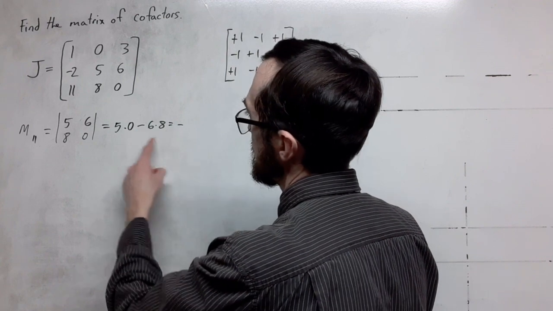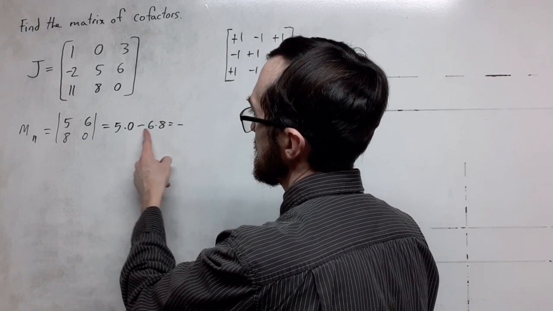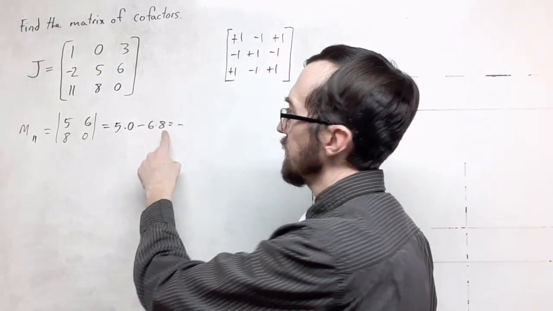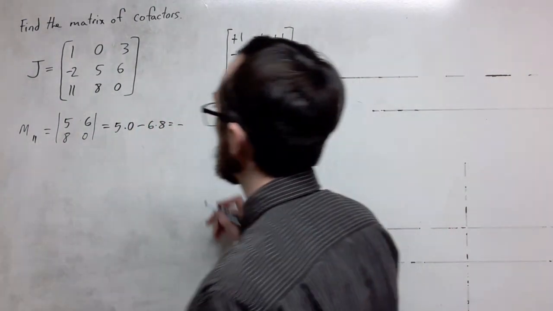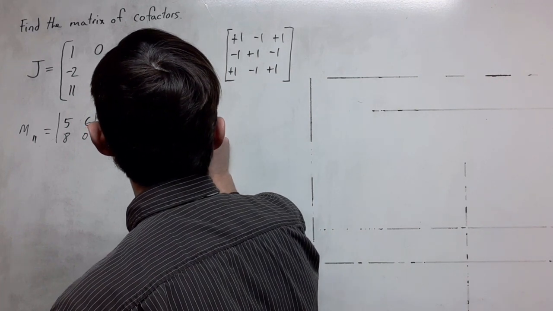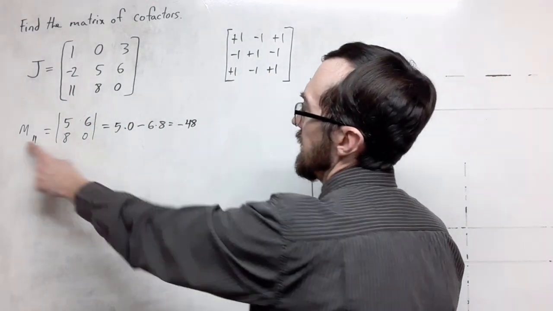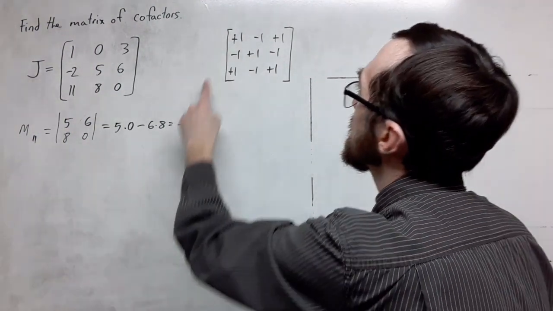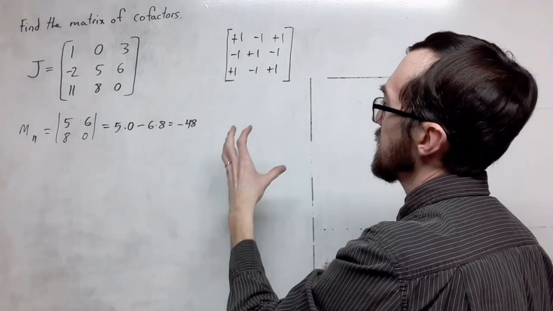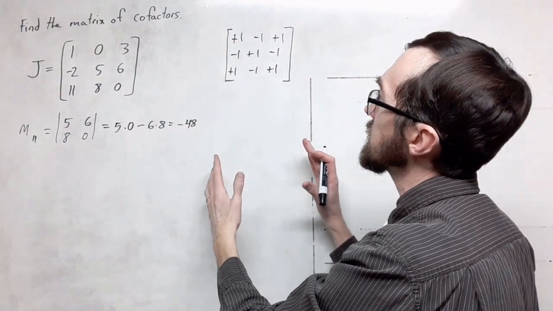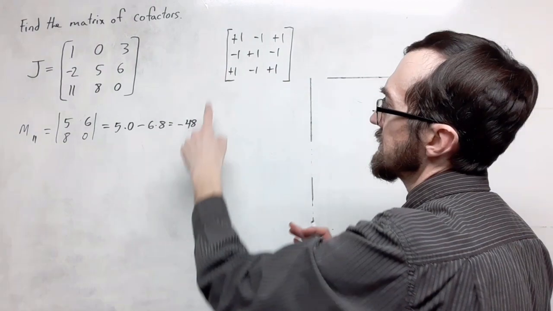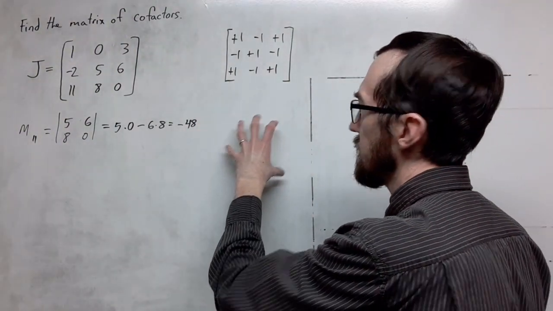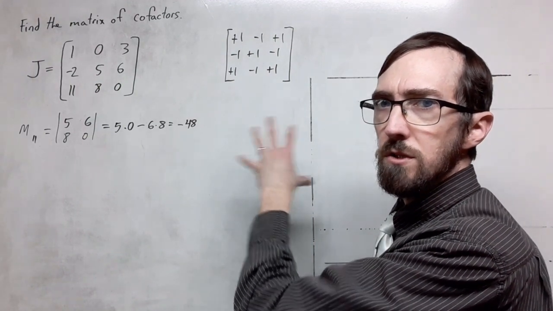This is going to leave us with a negative term, since this is going to be whatever this term is being subtracted. 6 times 8 is 48, so my minor for position 1, 1 gives me negative 48. Now it goes in this position, so when we create our matrix of cofactors, it's multiplied by a positive 1, and that will be the actual cofactor.